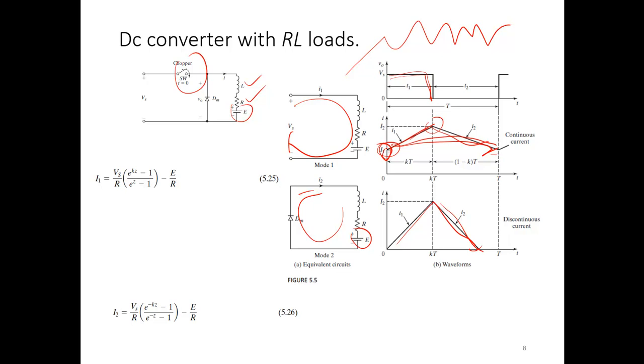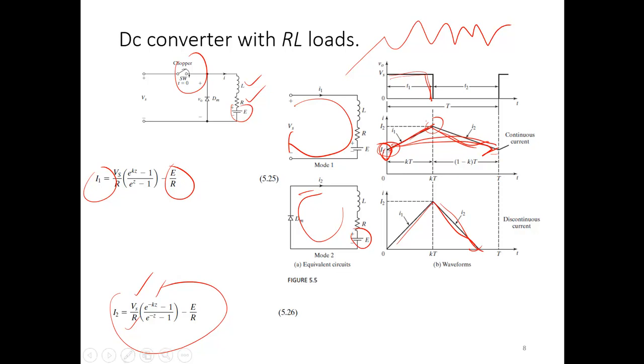For continuous conduction you can find I1 by the expression in the book, and also I2, the maximum value. Vs is normally given, R is normally given, so with K, the R and inductor ratio, and the duty cycle, you can find the minimum and maximum values of the circuit.